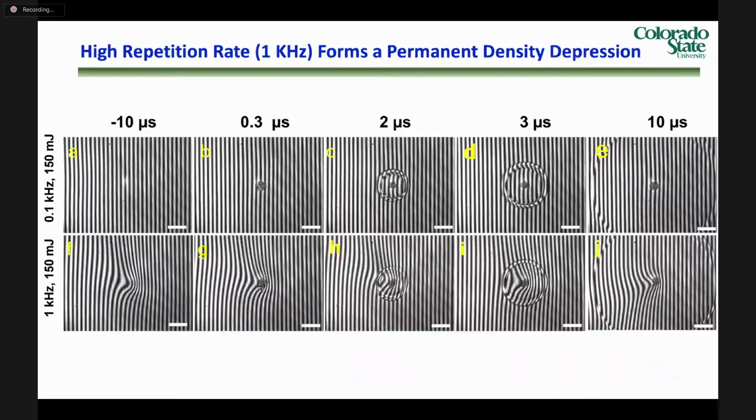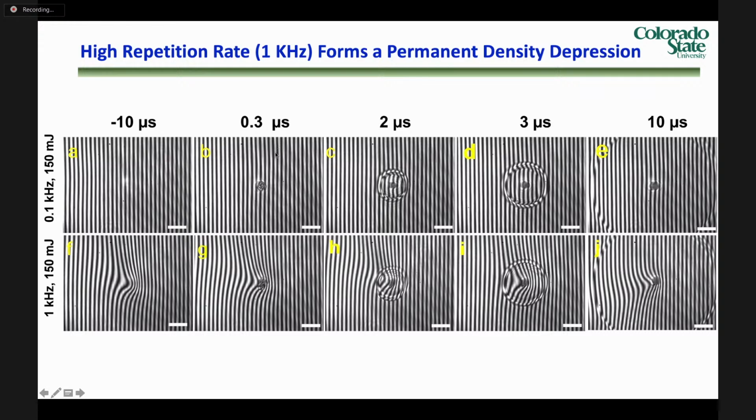So from the interferometry, we study the formation of filaments at kilohertz and then lower repetition rates, for example, 100 hertz. The top interferograms here, which are on-axis interferograms, show the time evolution of the created filament, measured from the time of arrival of the laser pulse that creates the filament.